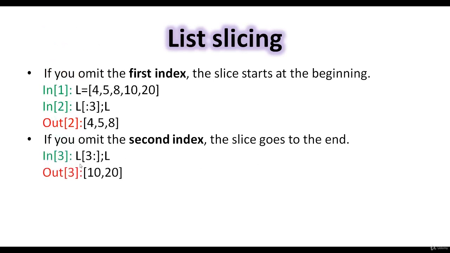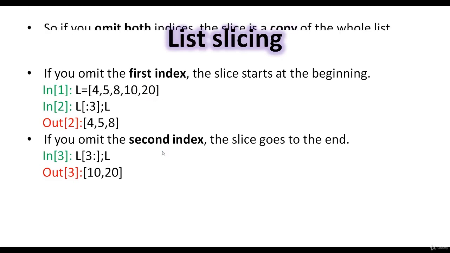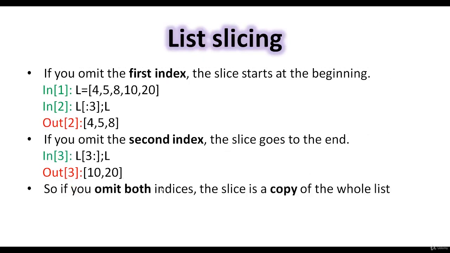Like in this example, the second index is omitted, so starting from 3, this is 0, 1, 2, 3, starting from 3 up to the end. If both the indexes are omitted, it will make a copy of the whole list. In this case, it is taking the copy of the whole list.